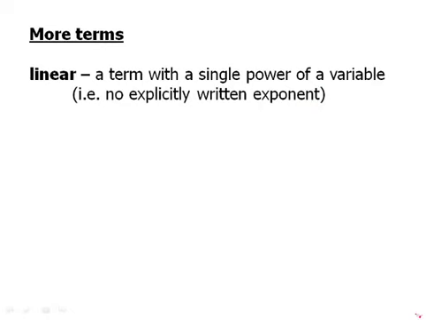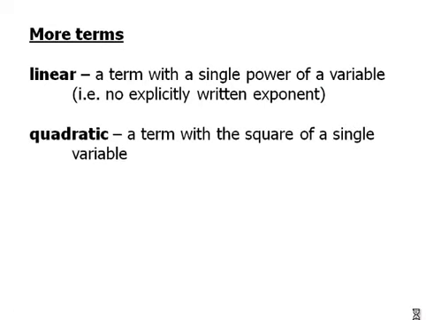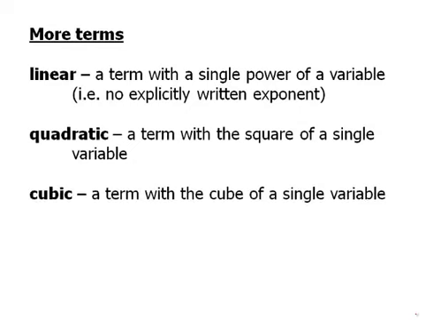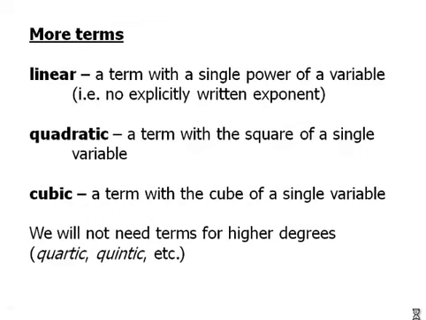So there's no exponent written. So just when you have a variable by itself or a number times a variable, that's a linear term. A quadratic is a term with a squared variable, x squared or y squared. A cubic term is a term with a cube of a single variable, y cubed or x cubed. And we will not need terms for higher degrees.